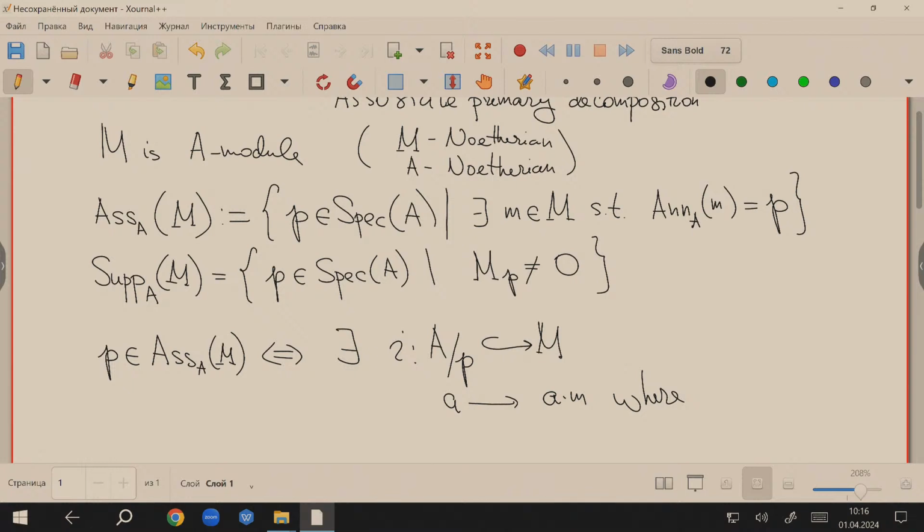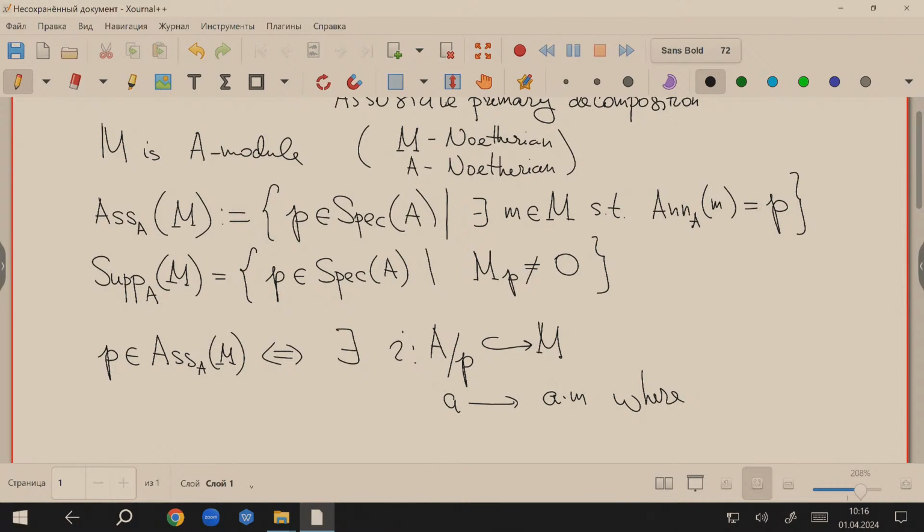We can consider A mod P as two different things: as an A-module or as an A mod P-module. When you consider it as an A mod P-module, multiplication by a doesn't have a kernel, because A mod P is a domain and doesn't have zero divisors.